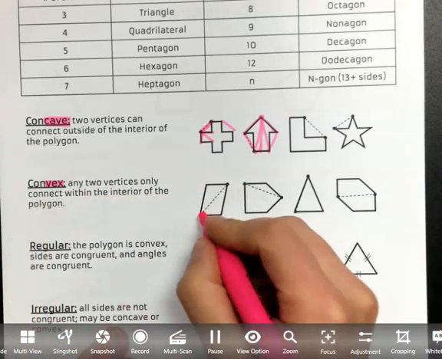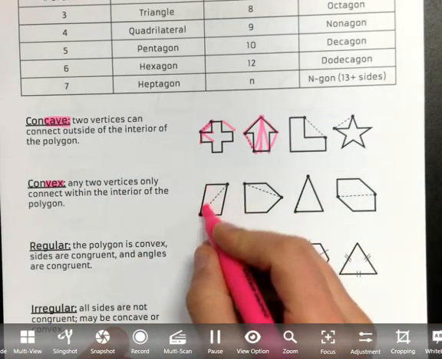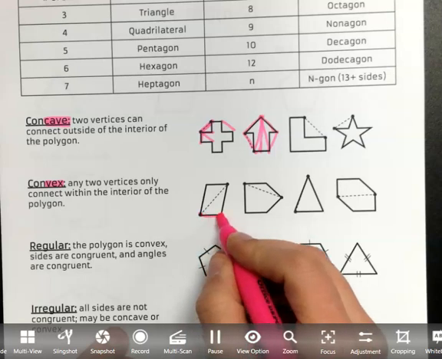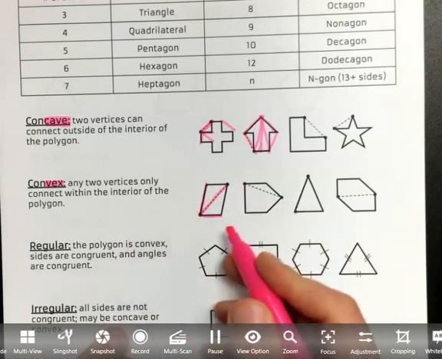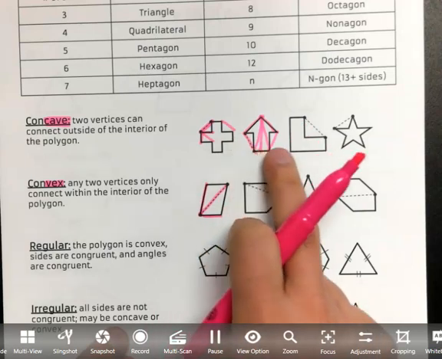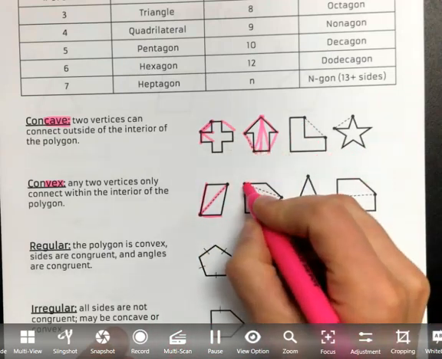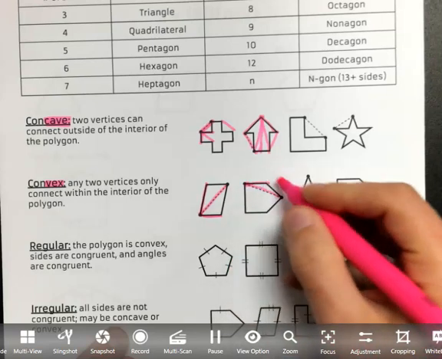if you try to connect two vertices, there's no way to connect it outside of the shape. You're either on the line or you're inside. There's no way to connect it outside the way we did right here. So try to connect. There's no way to connect outside.